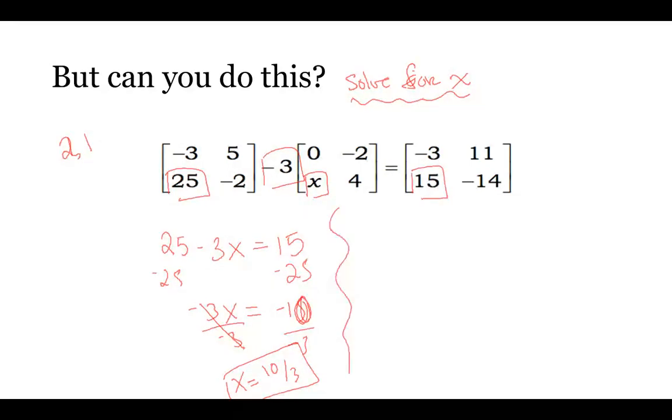Did you think of a different way you could have done this? I can actually subtract this entire matrix from this side and do it that way too. I could also simplify this and leave it with the x and then take those two cells. It's just nice to be able to recognize right here that I just need to focus in and hone in on that part.